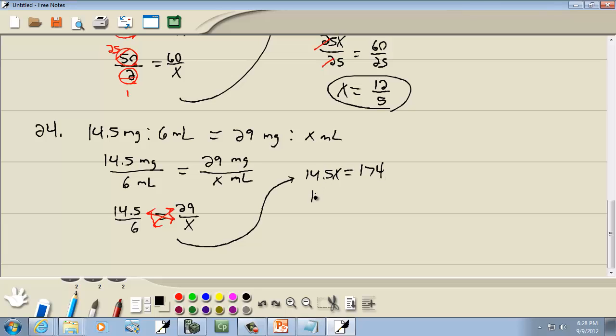Now, solving for X, we'll divide both sides by 14.5. And those would cancel. And 174 divided by 14.5, I get 12. So 12 milliliters would be our answer. Let me save that.